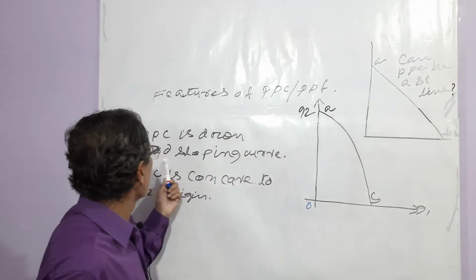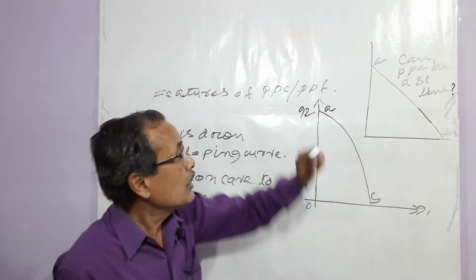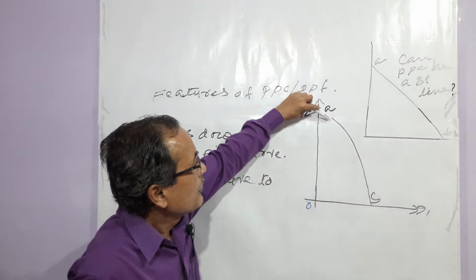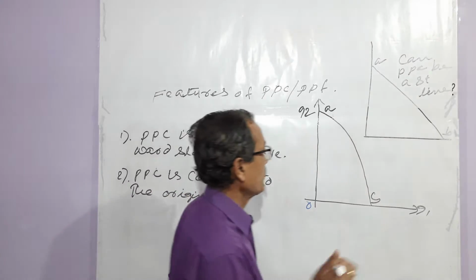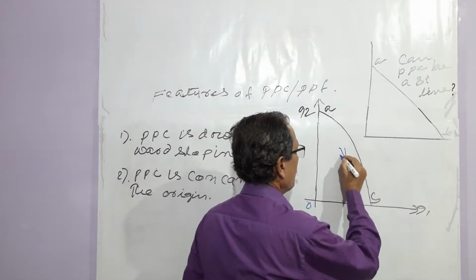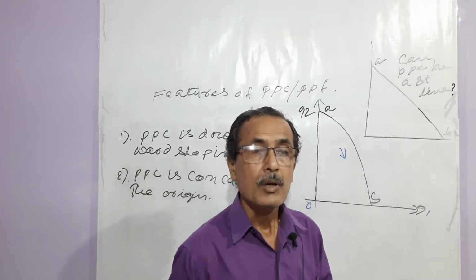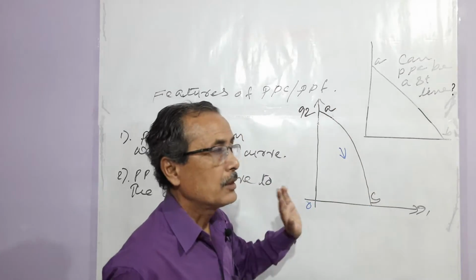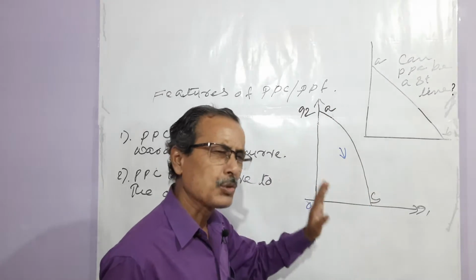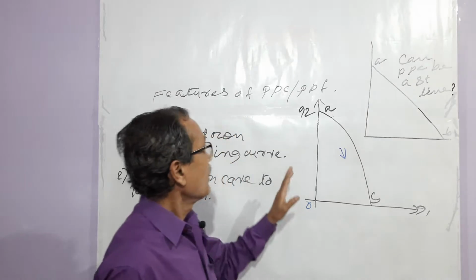This curve is downward sloping, meaning PPC falls from left to right downward. It moves in this way. Also you can say negatively sloped. You can say that one, no problem.